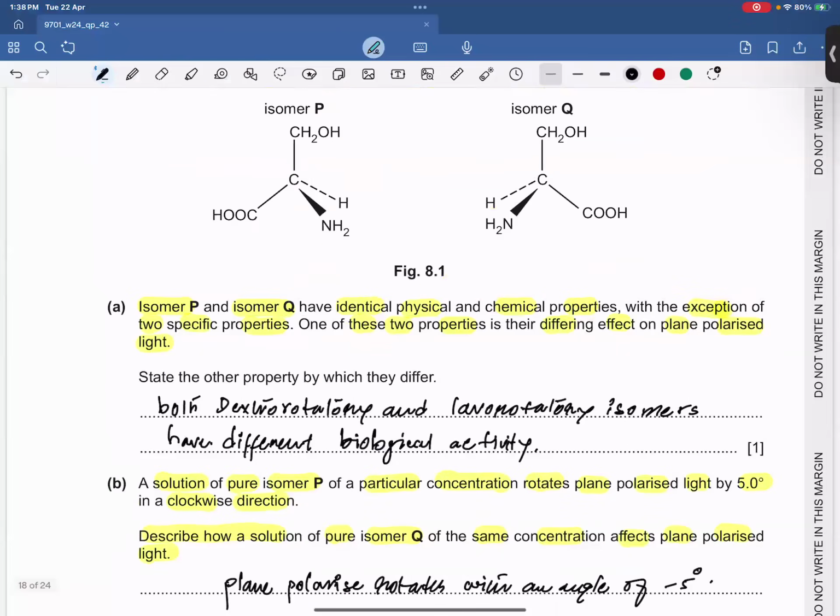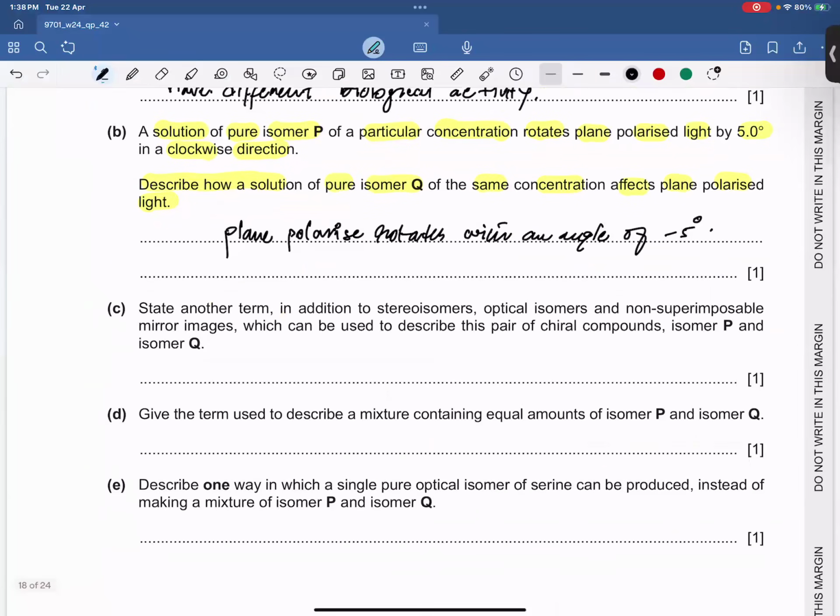So plane polarized light rotates with an angle of 5 degrees in anti-clockwise direction.